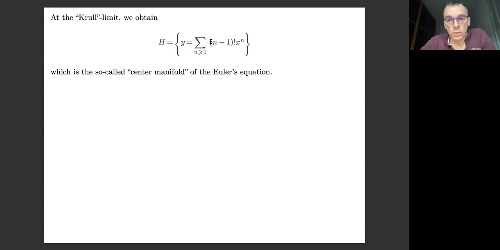But unfortunately, as you see, there is this very large, fast-growing coefficient, which shows that this series has a zero radius of convergence. So it's not analytic. So in some sense, the maximal contact surface for a vector field can be a non-analytic object.